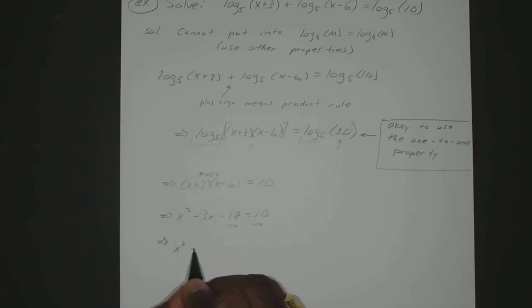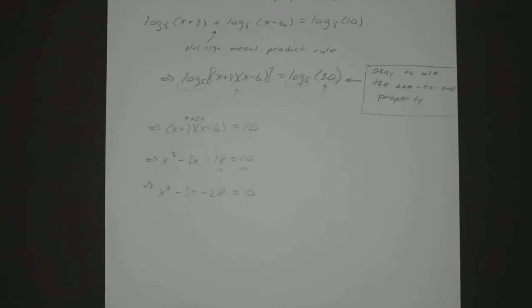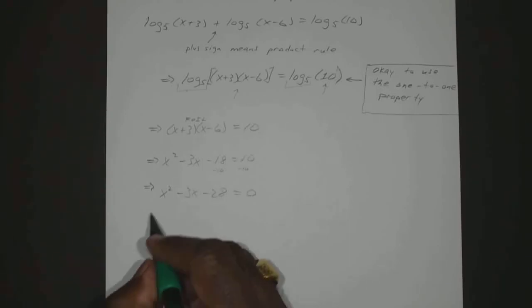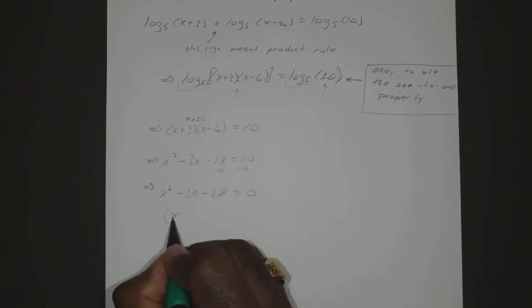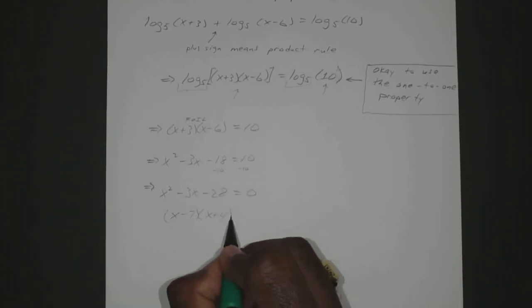So you have x squared minus 3x minus 28 equals 0. Then we just go ahead and factor. And that factors into x minus 7 times x plus 4 equals 0.